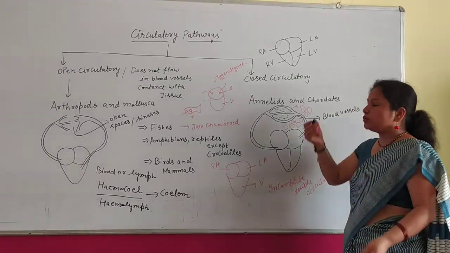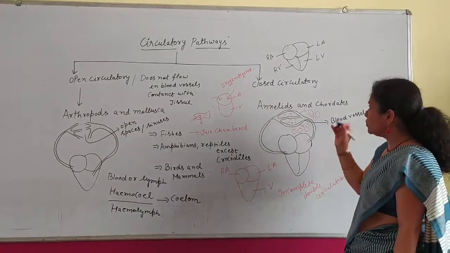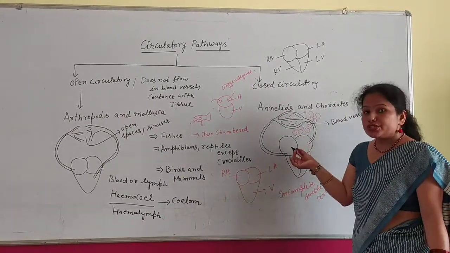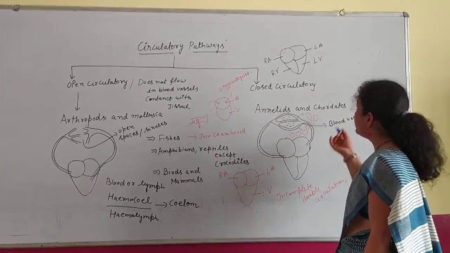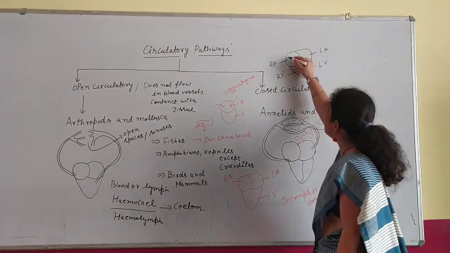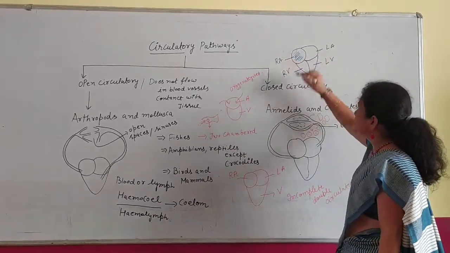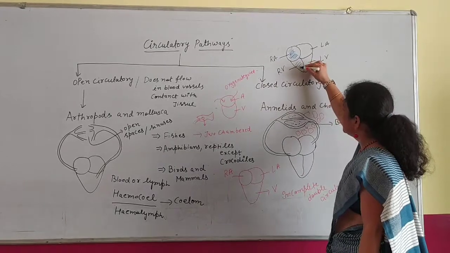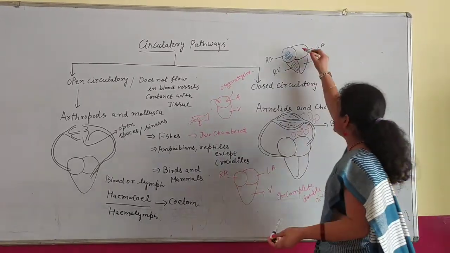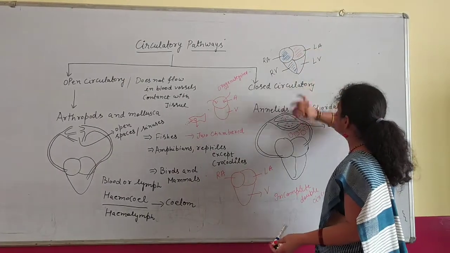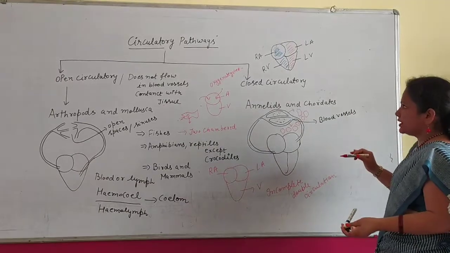With the help of the blue color and red color, I am showing you which part carries the oxygenated blood and which part carries the deoxygenated blood. The right auricle carries deoxygenated blood, the right ventricle also carries deoxygenated blood, and the left auricle and left ventricle carry oxygenated blood.